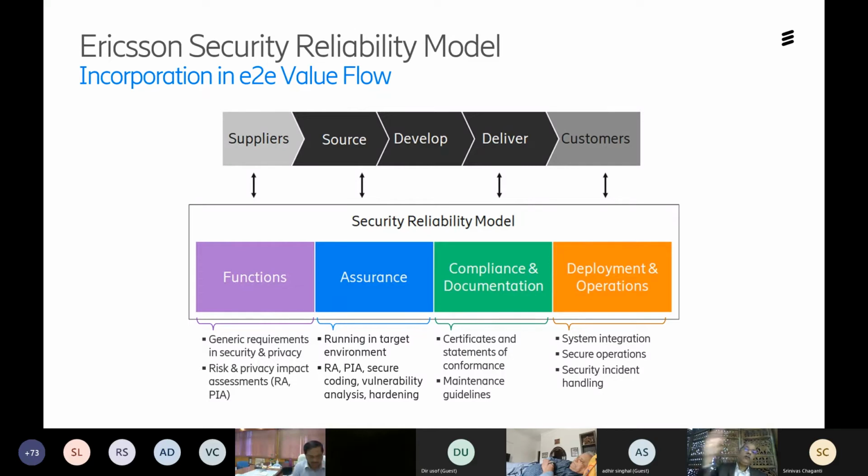So the reason I am showing you this is this security reliability model is just as applicable to what Ericsson creates for its AI/ML solutions, not just its traditional hardware and software products. So we use the same base framework, security reliability model, for our AI/ML solutions, which augments some of the trustworthiness considerations that I showed you previously.